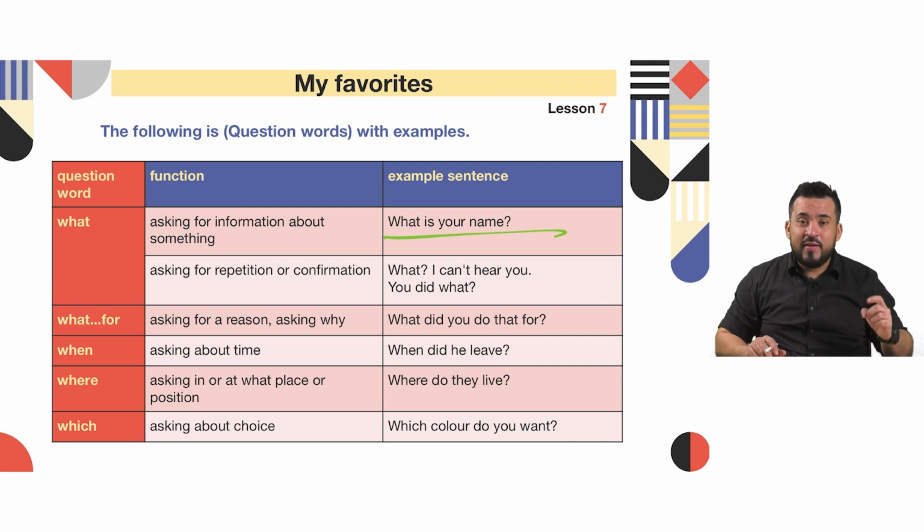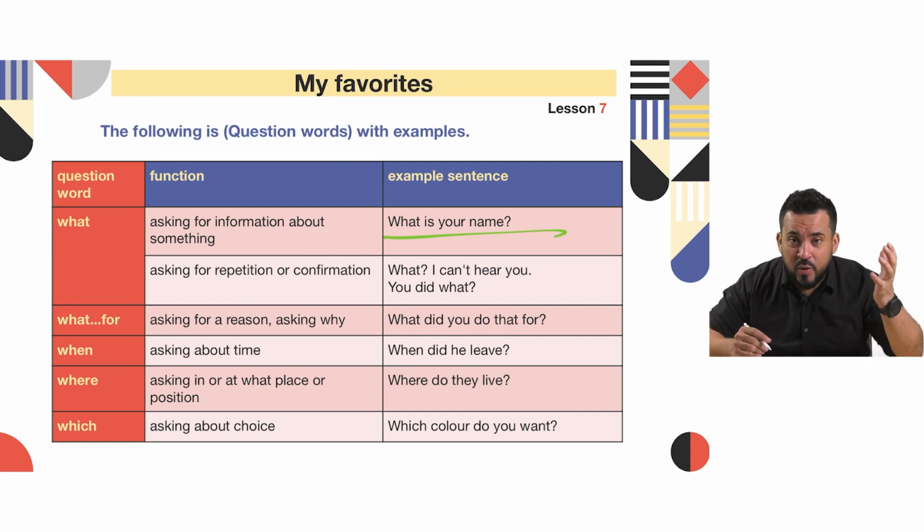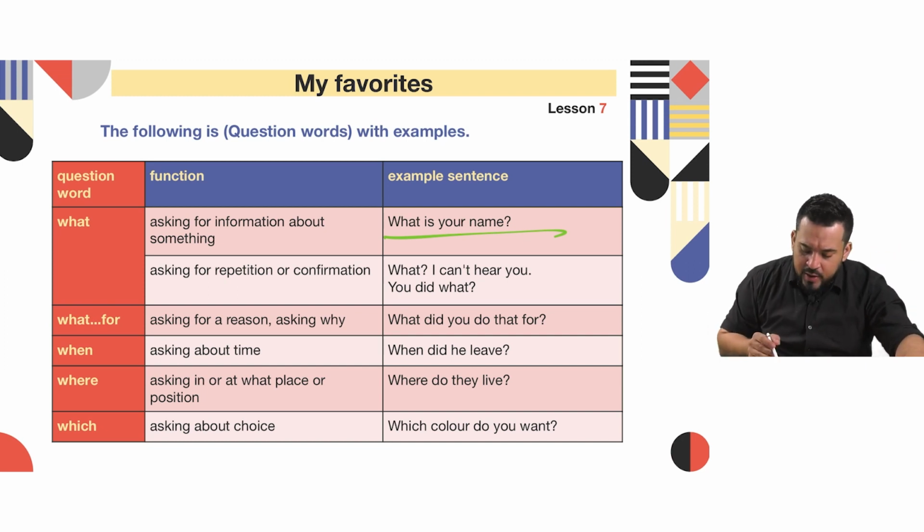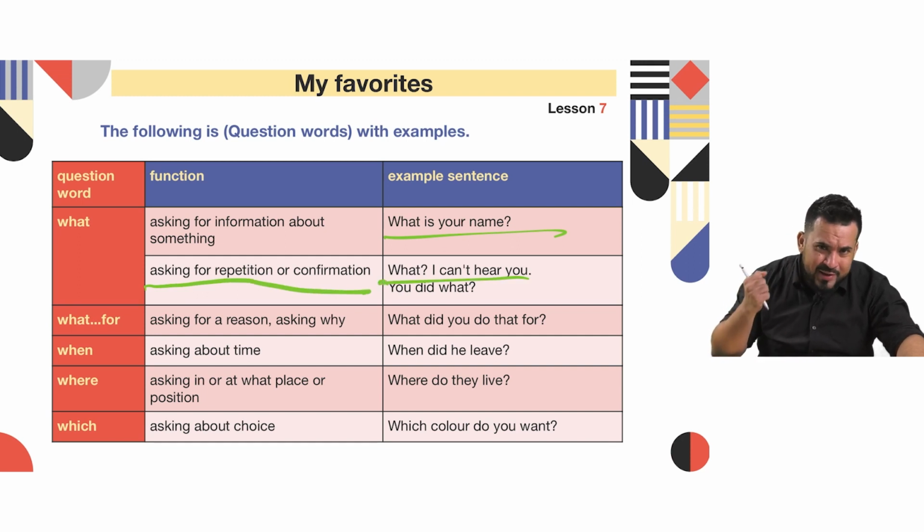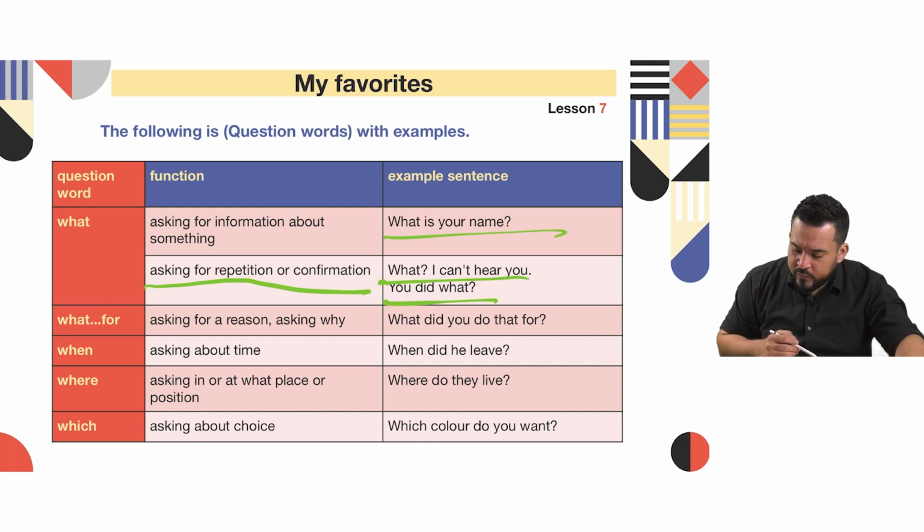Also, we use what to indicate that we want the person to repeat what they said, asking for repetition or confirmation. Like, what? I can't hear you. Or what did you say?